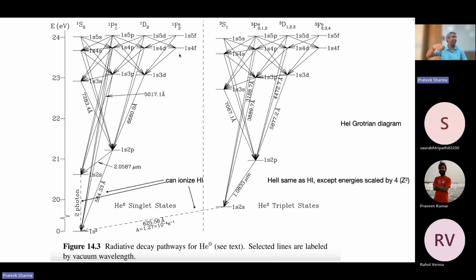They can produce which lines and what continuum spectrum will be produced from H II regions. The key thing to notice is to pay attention to the energies of these transitions. 13.6 is an important number. 24.6 is an important number. 54.4 is an important number, because these are ionization potentials for these common atoms.